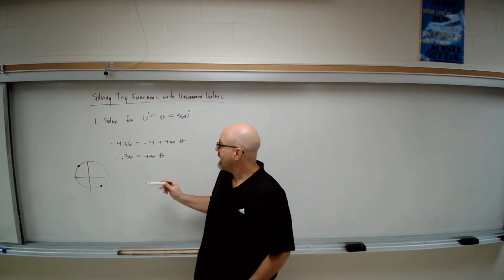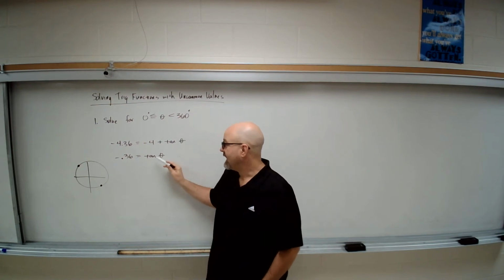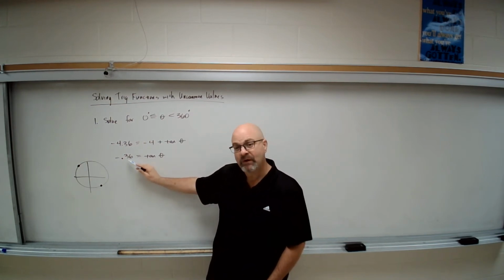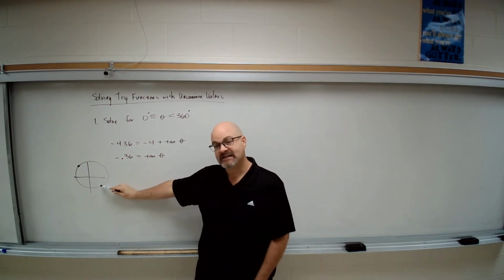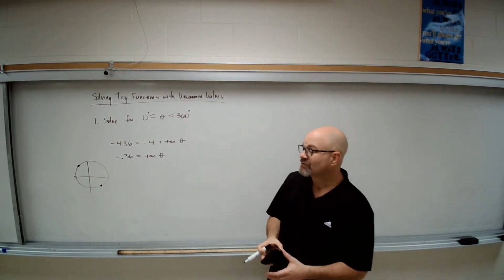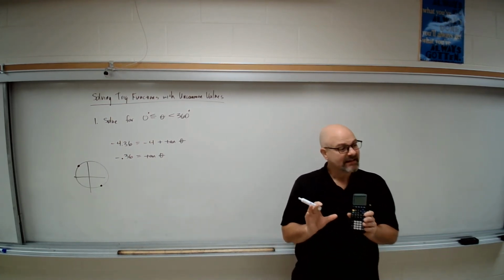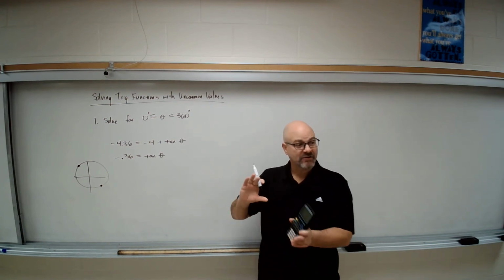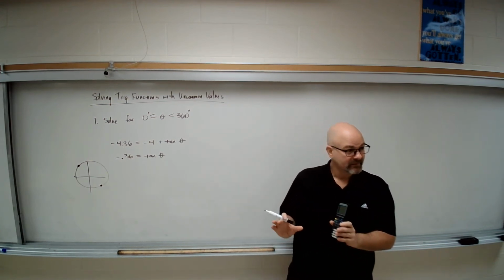Now, if we take the inverse tangent of negative 0.36, it's going to give us this value right here, correct? But it's going to give us a negative value. So we have a couple options. I usually just leave it positive and find the positive value, then I use that to make the other ones. Okay, it's up to you though.